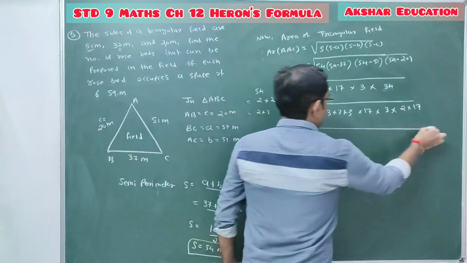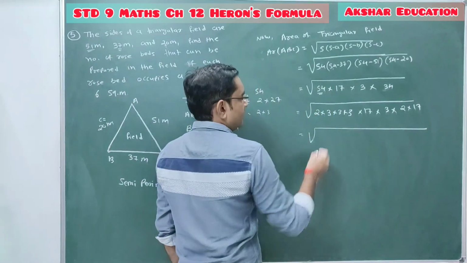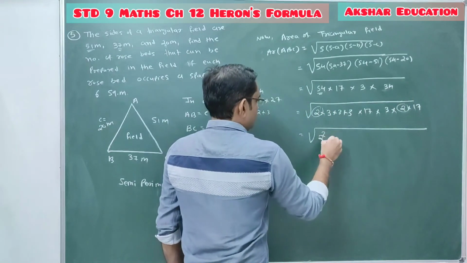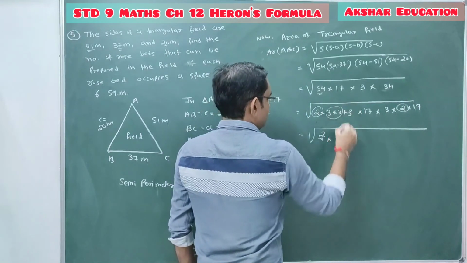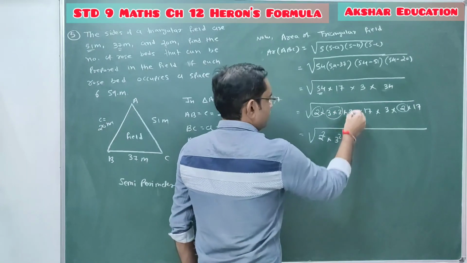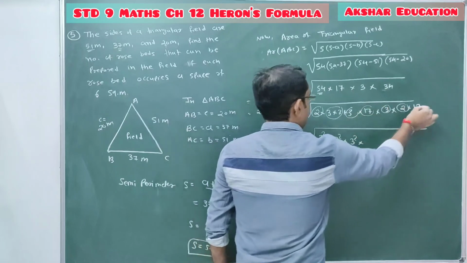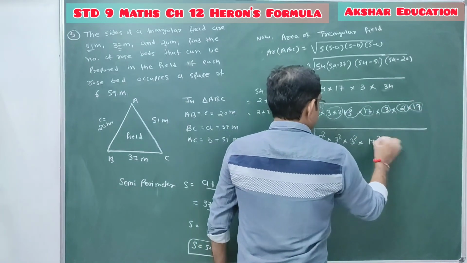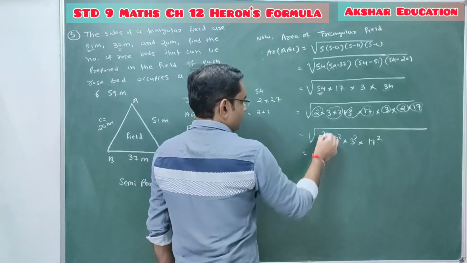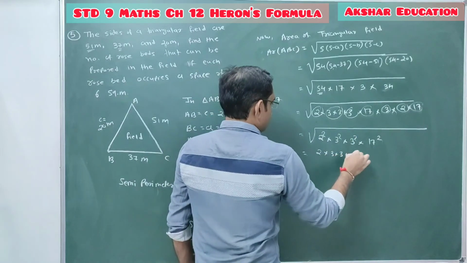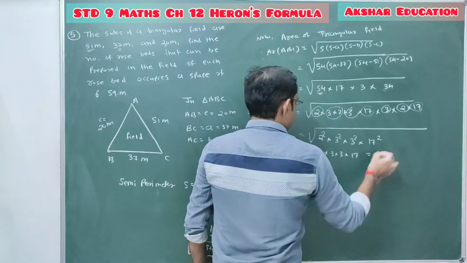So we are getting pairs of numbers, so we can write it as perfect squares. This one 2 into 2, 2 square. Now this 3 into 3, 3 square. Again this 3 into 3, 3 square. This 17 into 17, 17 square. So the square and square root will cancel. So we are getting 2 into 3 into 3 into 17.